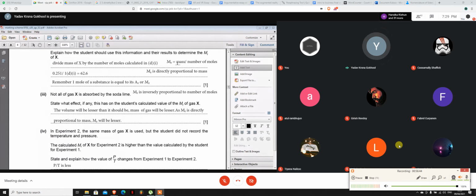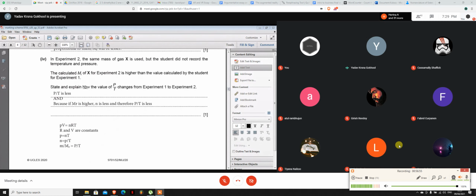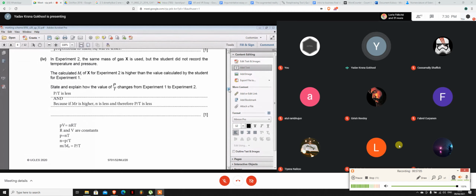So when MR is directly proportional to mass, when the mass is lesser, the MR will be lesser. For this part, I've added an attachment over here. Please look at the attachment and see if you have understood it, because it's mostly mathematical and it's becoming a bit difficult to explain. So look at it and then revert back if you have any problem with it.